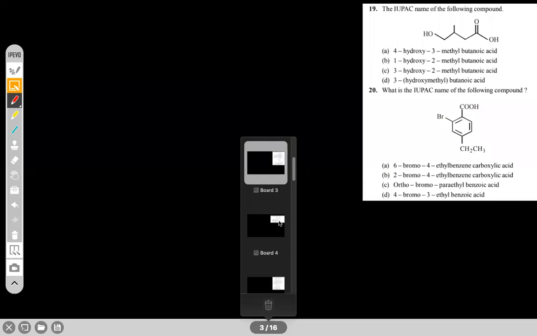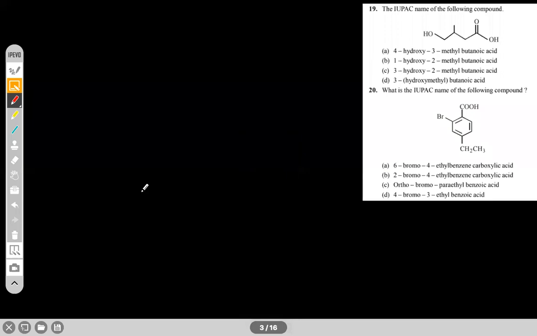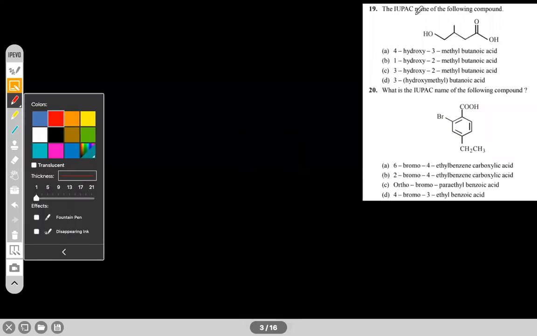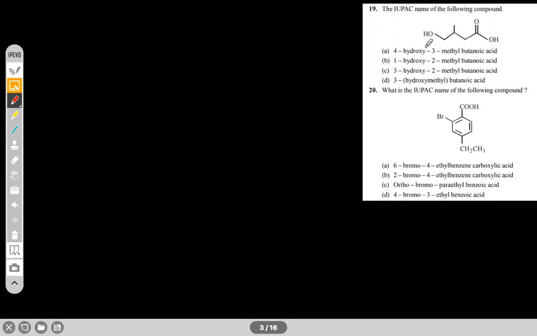Nineteenth one, the IUPAC name of the following is asked. First of all, the functional group is a carboxylic acid, and in carboxylic acid we always start numbering from the carbon of the functional group.